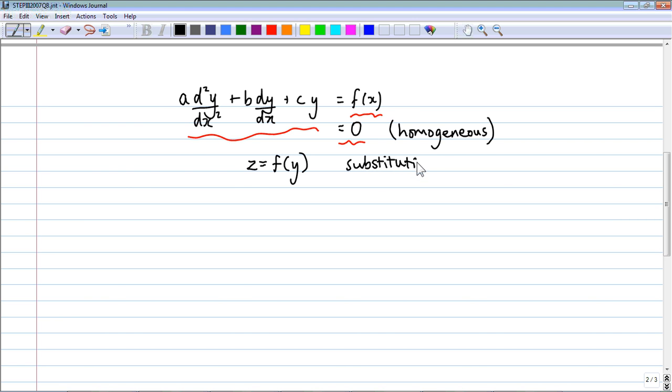Substitution, where we change the variable of the differential equation and rewrite the differential equation. So you can sometimes solve a differential equation by changing the variable, making a substitution, and creating a new differential equation which you know the solution to.